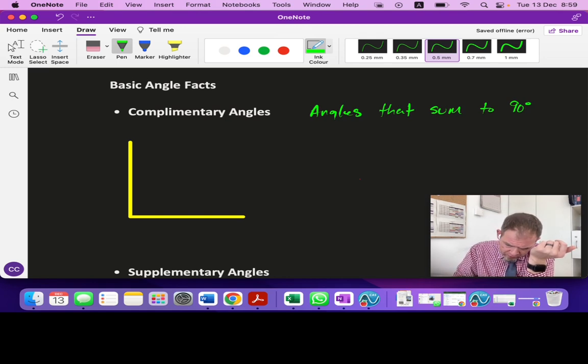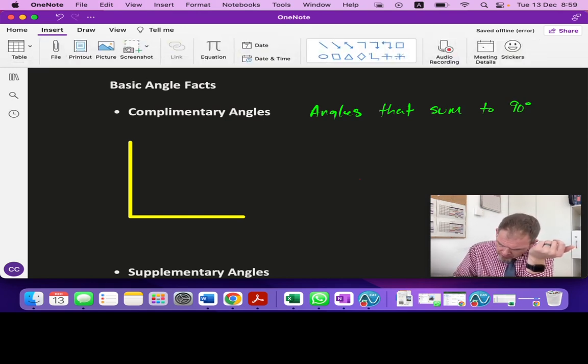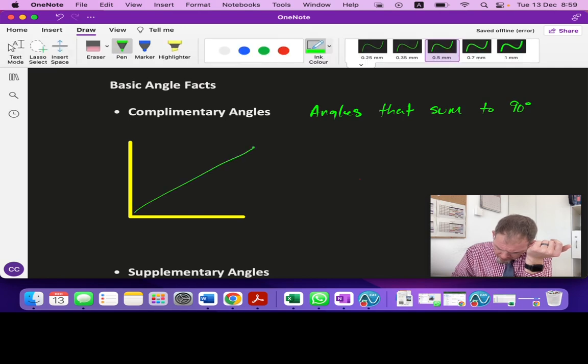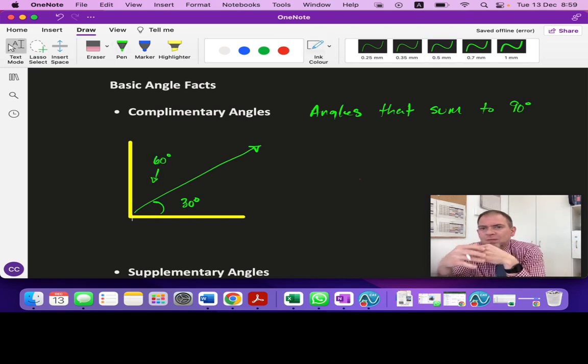So if I insert an angle here, and I tell you that this is 30 degrees, then this other angle here would have to be 60 degrees. That's pretty basic.